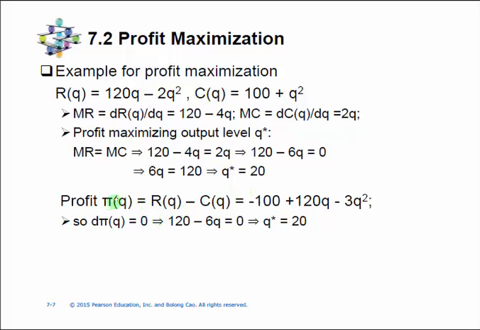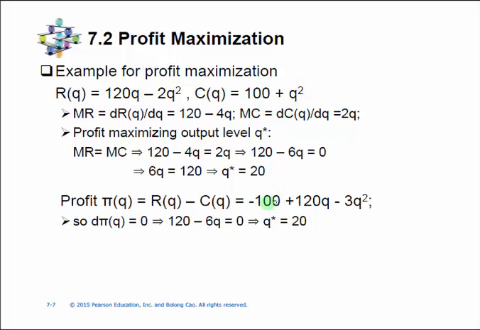So let's look at the total profit function. It's just the revenue minus the cost. It's revenue 120Q minus 2Q squared, minus 100, minus Q squared.